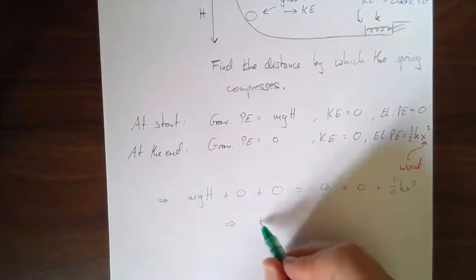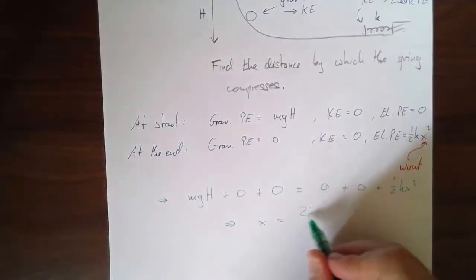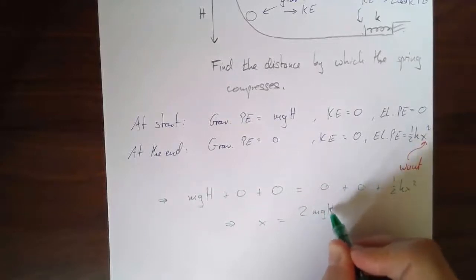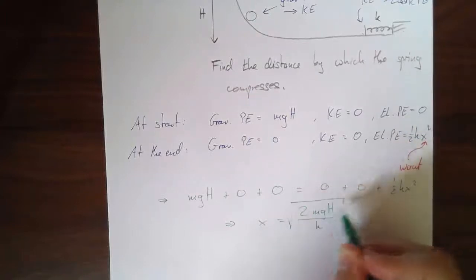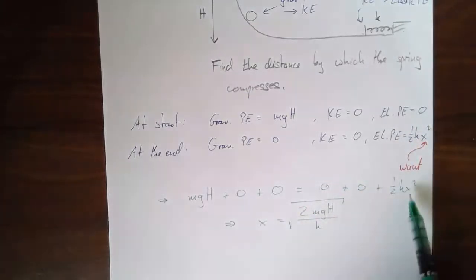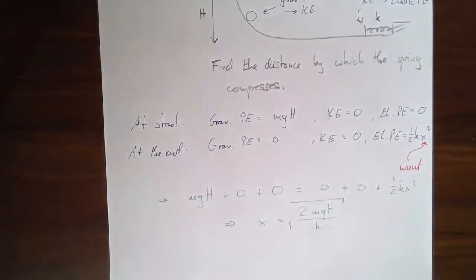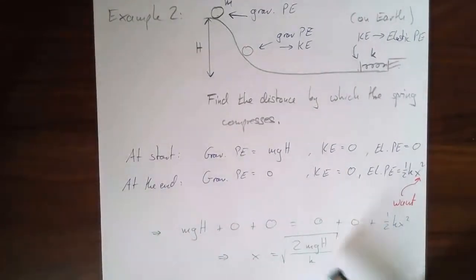So I can rearrange that to get x squared is equal to 2mgh divided by k. But then x is squared, so I'm going to take the square root. And you can easily double check that if you plug that in, that equation is true. So it's an example of actually using energy conservation to do a calculation.